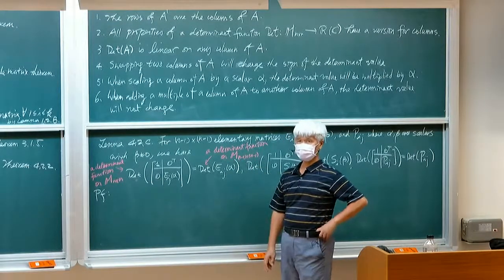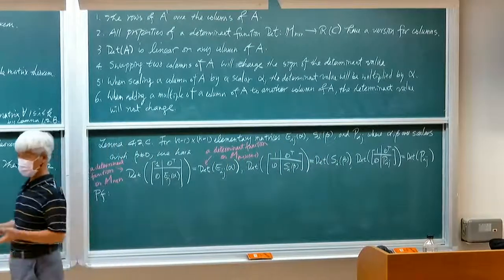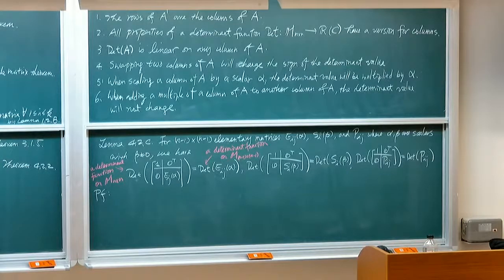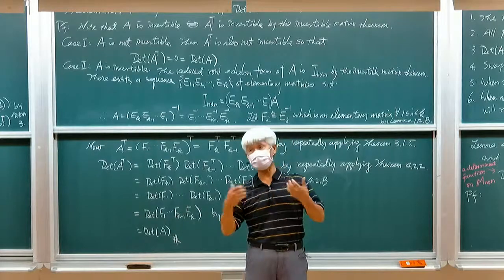Because we haven't proved yet the existence and uniqueness of the determinant function, we only proved that for 2 by 2 matrices we have one and only one determinant function. But for general n, we haven't done that yet. Up to now, we are just saying that if we have one, then we have something.